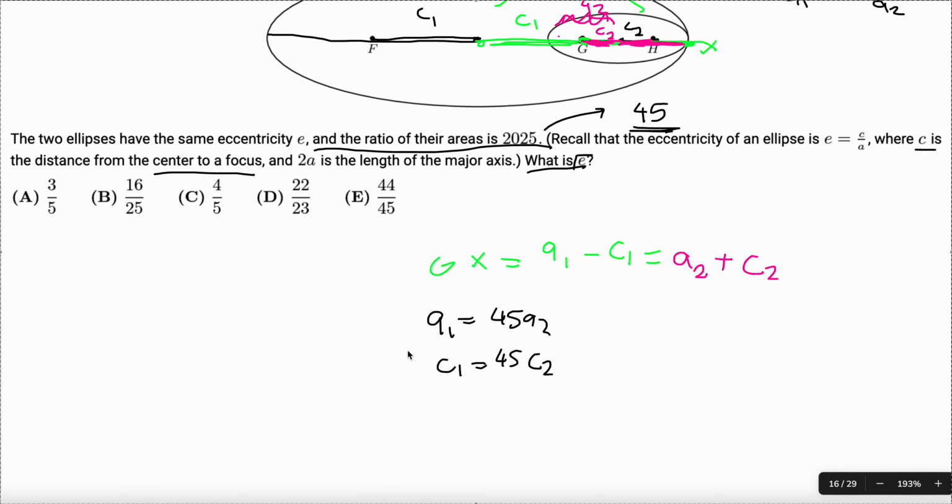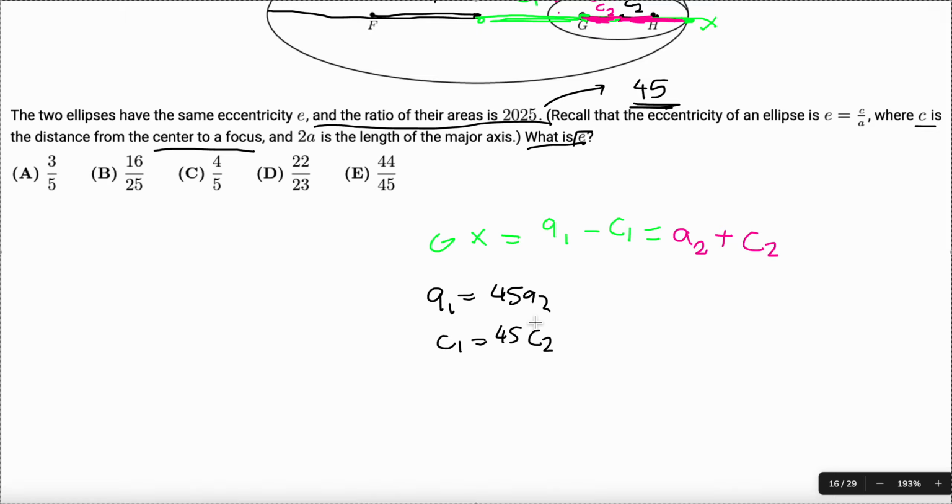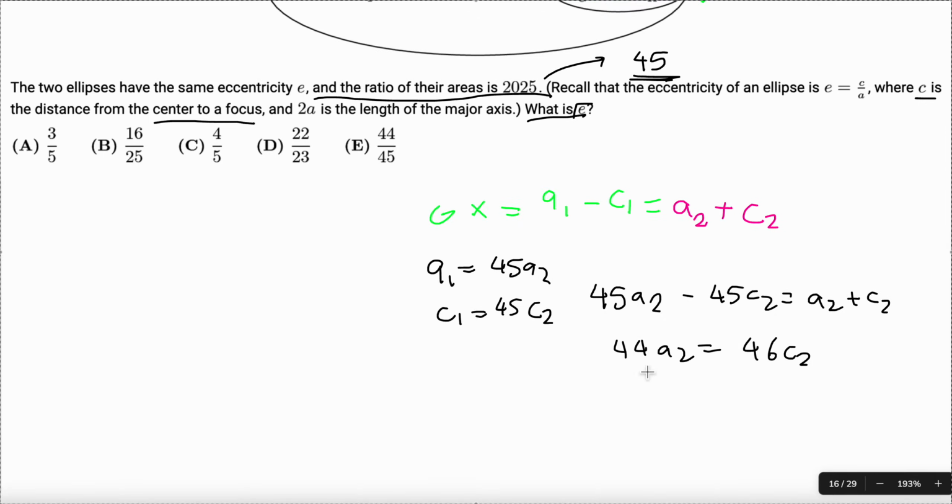Since we have this equation, we can literally just plug it in. We get 5/4 A2 minus 5/4 C2 equals A2 plus C2. So we get 44 A2 equals 46 C2. I'm going to divide both sides by 2. I'm going to get 22 A2 equals 23 C2.